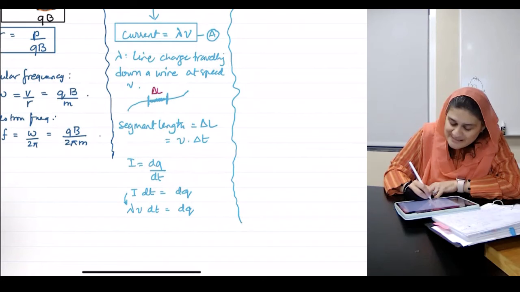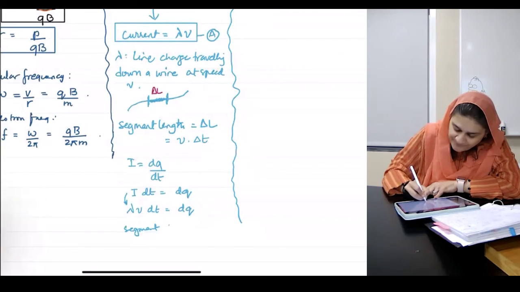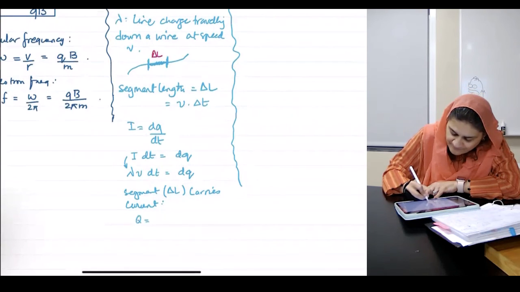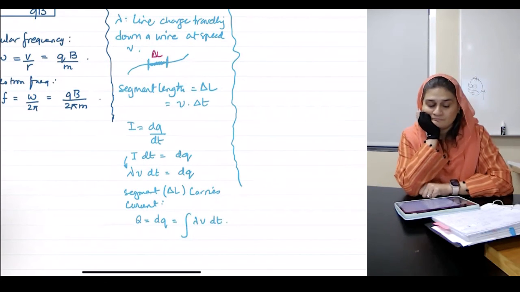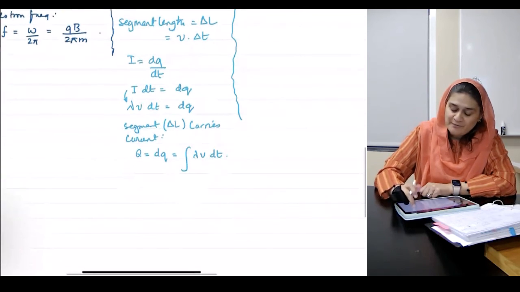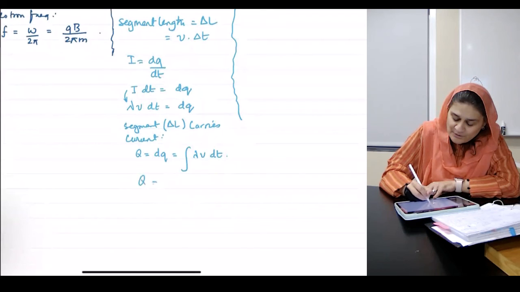Then this segment, delta L, carries current, and if it is a steady current, may I replace this dq with I dt?